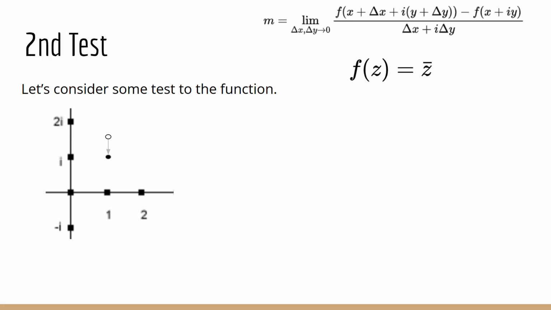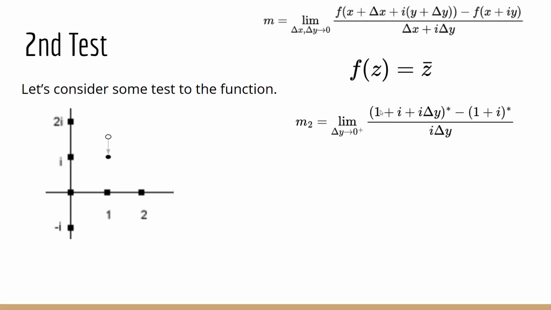Now let's consider a second test where we approach our point of interest 1 plus i from the positive imaginary direction. So delta y is greater than 0 and delta x equals 0. Substituting into our equation for calculating the gradient associated with this direction, we get 1 plus i delta y conjugate minus 1 plus i conjugate, over i delta y.